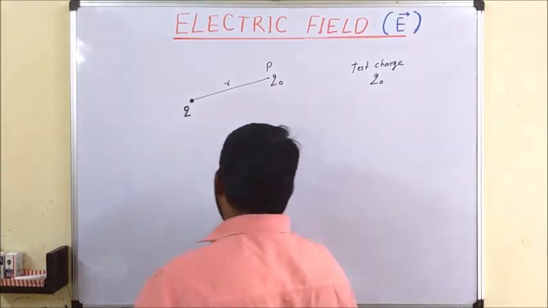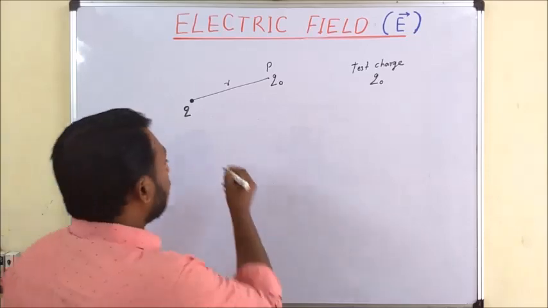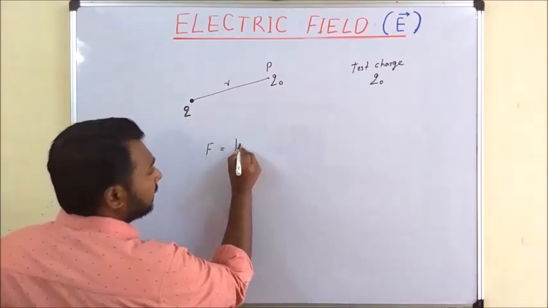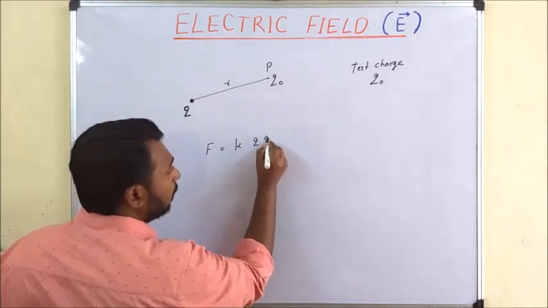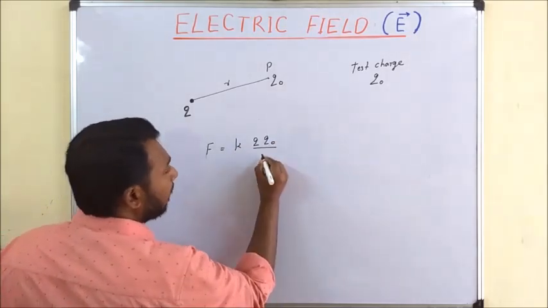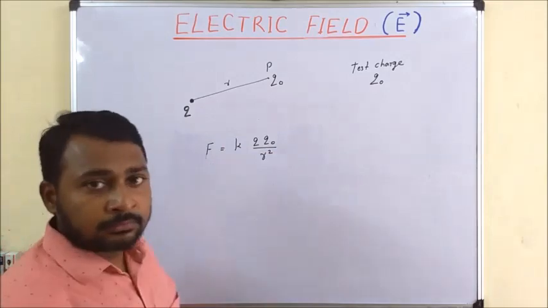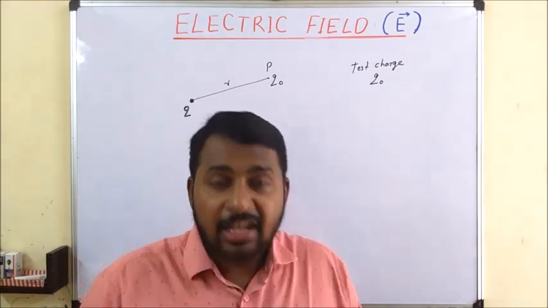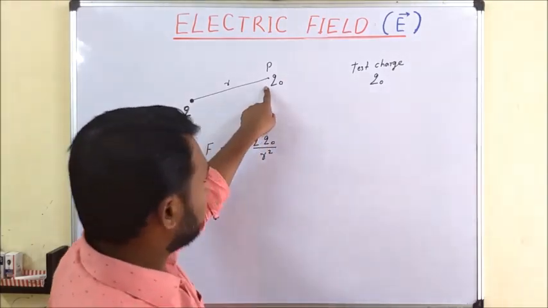According to Coulomb's law, that force is F equals Q Q naught by R square, with the constant. Now quantitatively, what is the electric field at this point?